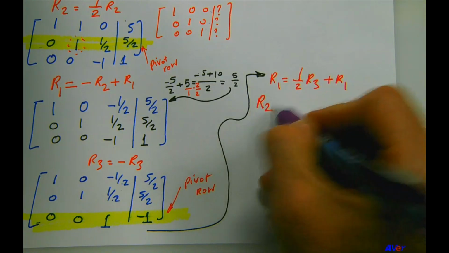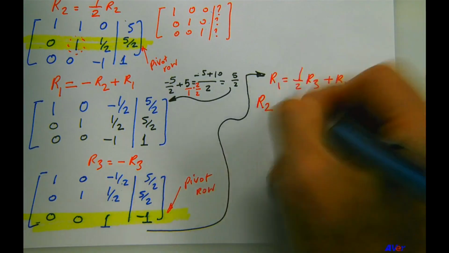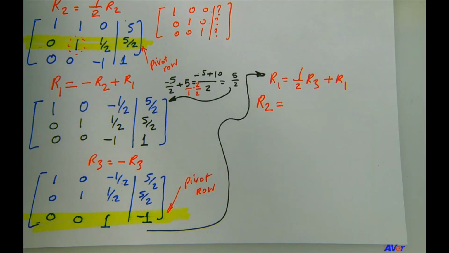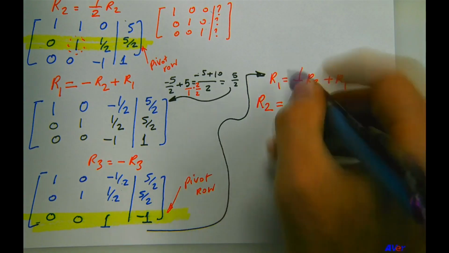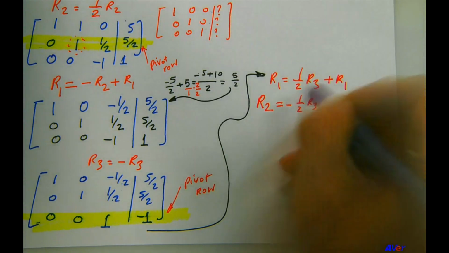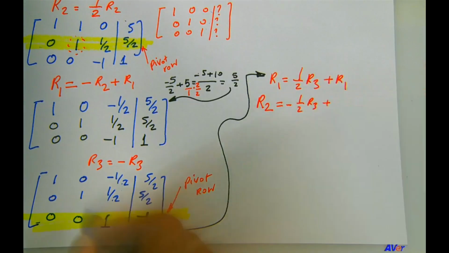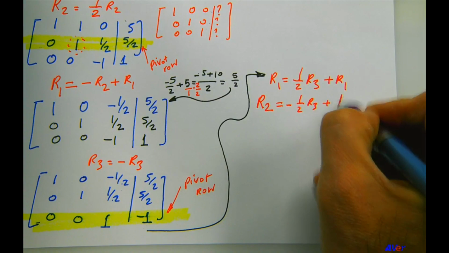Row 2, which is the row we're changing because this positive 1/2 is in row 2. Row 2 is equal to minus 1/2 times the bottom row, row 3, which is the pivot row, minus 1/2 row 3 plus row 2.